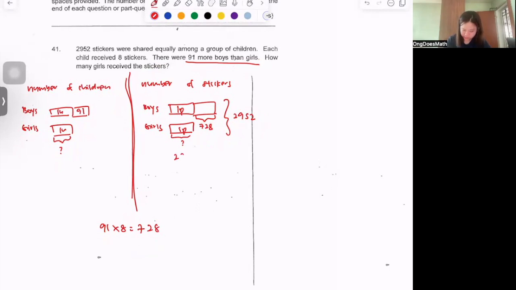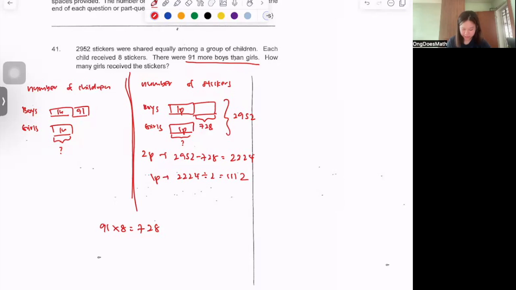So 2952 minus 728, that will give you 2 parts, right? So 2 parts will be 2224, and 1 part will just be 2224 divided by 2, so that's 1112. So girls receive 1112 stickers in total.